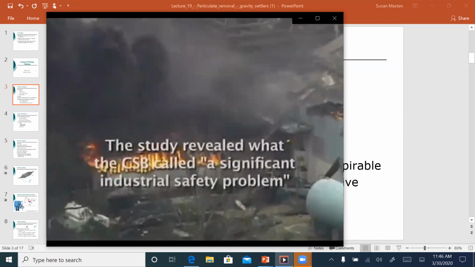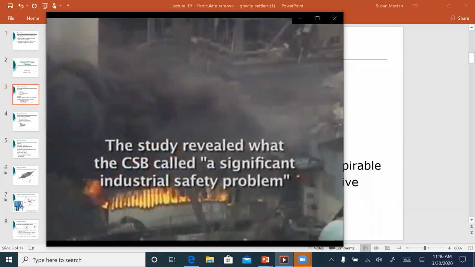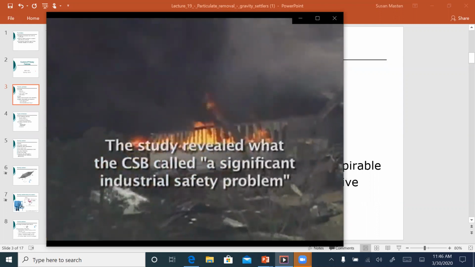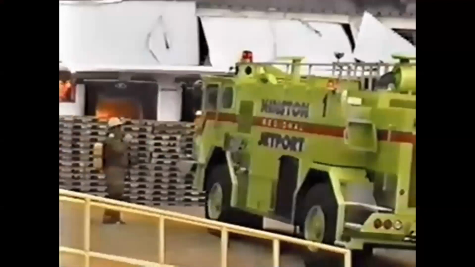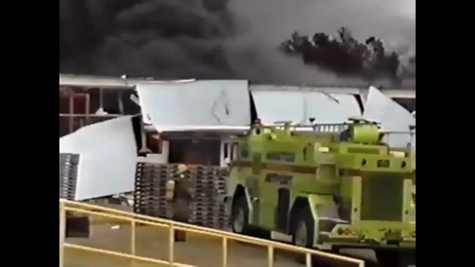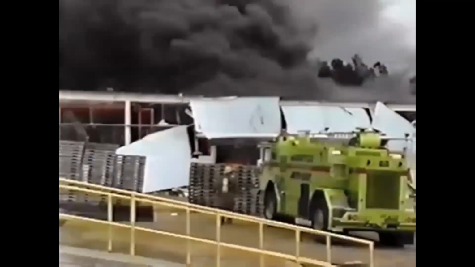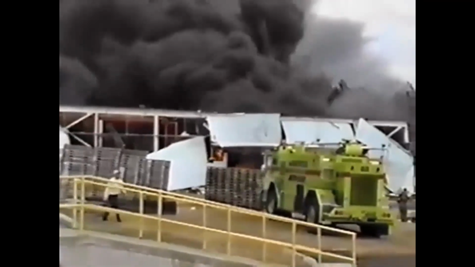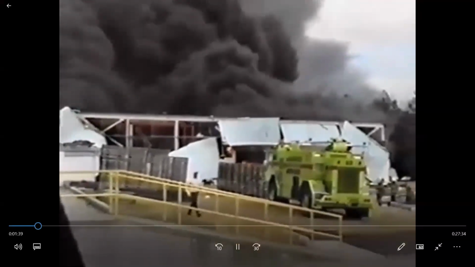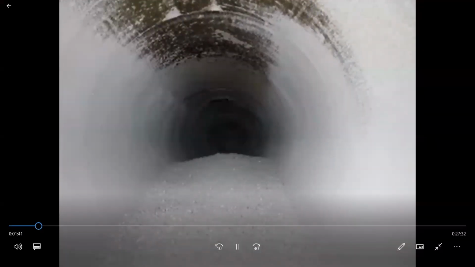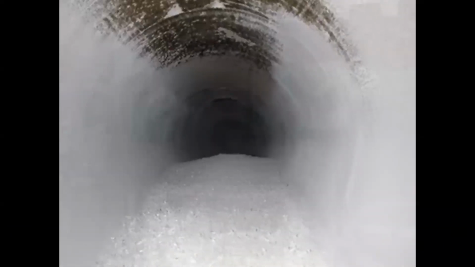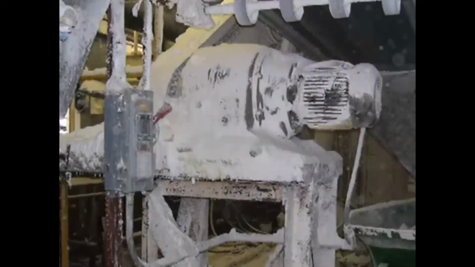The study revealed what the CSB called a significant industrial safety problem. Combustible dust fires and explosions continue to occur frequently, fueled by accumulations of combustible dust, which can gather over years in hidden places or in plain sight.